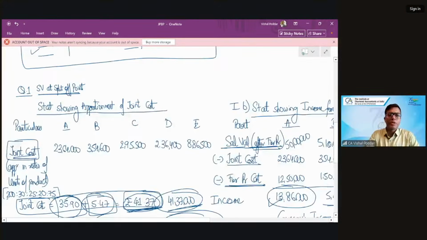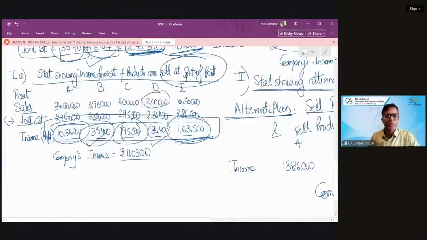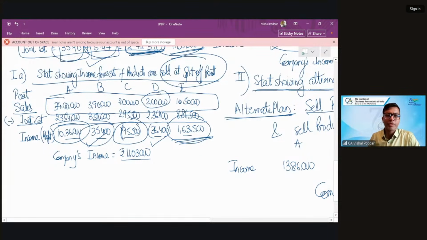Now, what is sales value at split off point? See, this is the sales value at split off point. We take this sales value as our ratio.